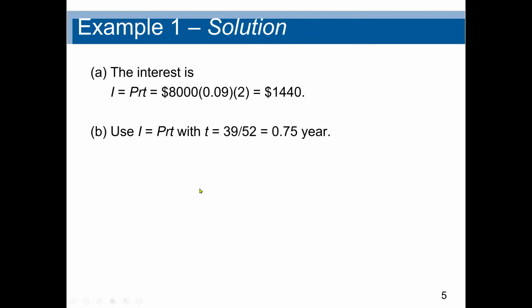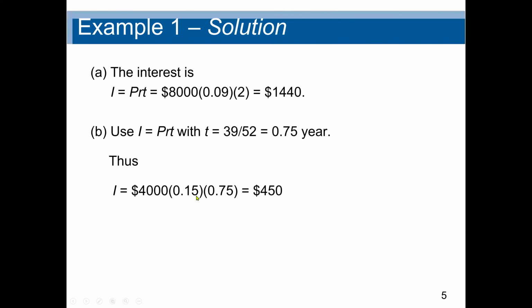So that's our part B. Again, the interest is the same formula, I equals PRT. But this time, the time is given in weeks. So we convert to yearly first. So T equals 39 divided by 52, which will give us 0.75 year. Now we can plug in the values. So we have a $4,000 investment, and 15% interest becomes 0.15.